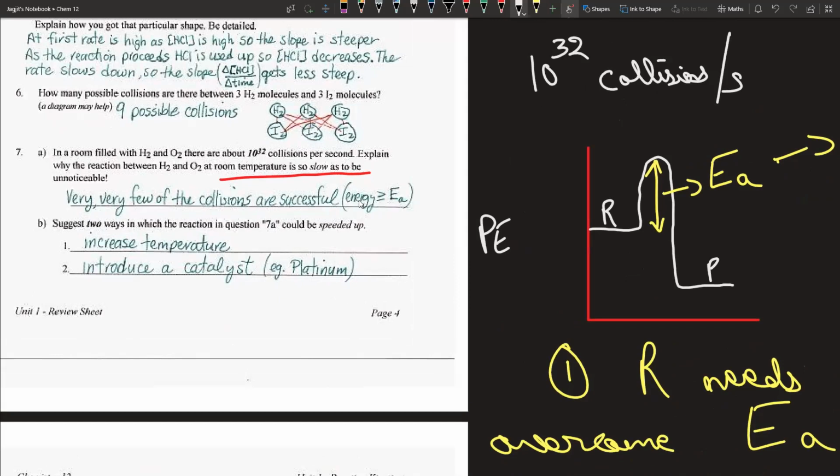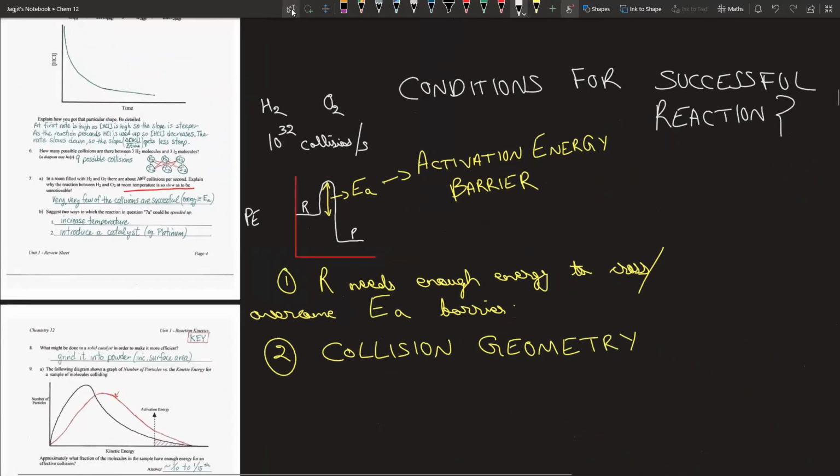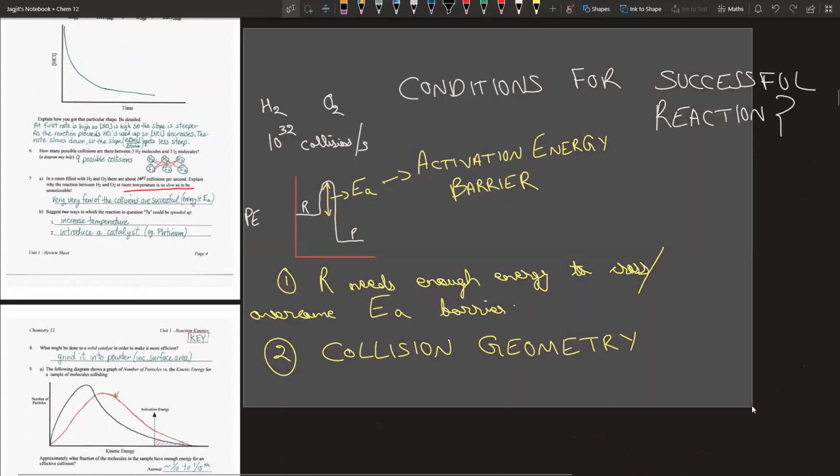You need enough energy to go past the activation energy barrier. Understood?